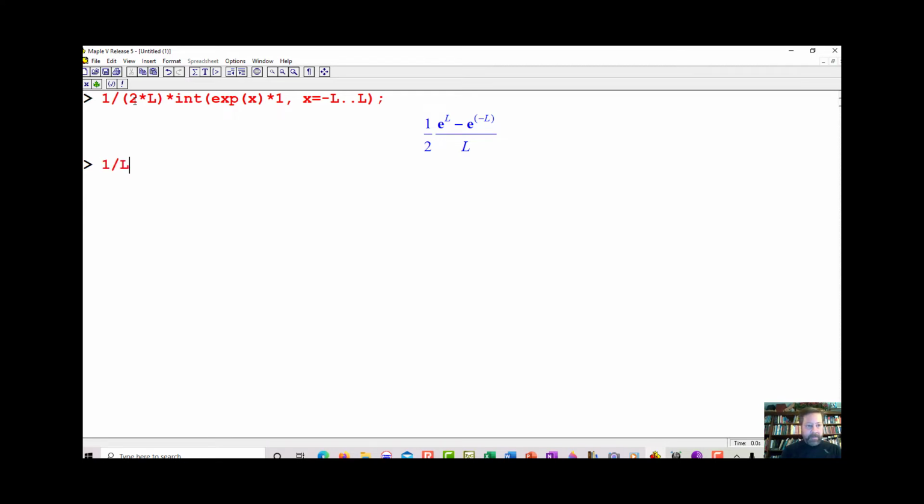For the others, it's 1 over L times the integral e to the x times, for the first one, cosine of n times pi times x divided by L. We're integrating from minus L to L again. And I would like to simplify this.